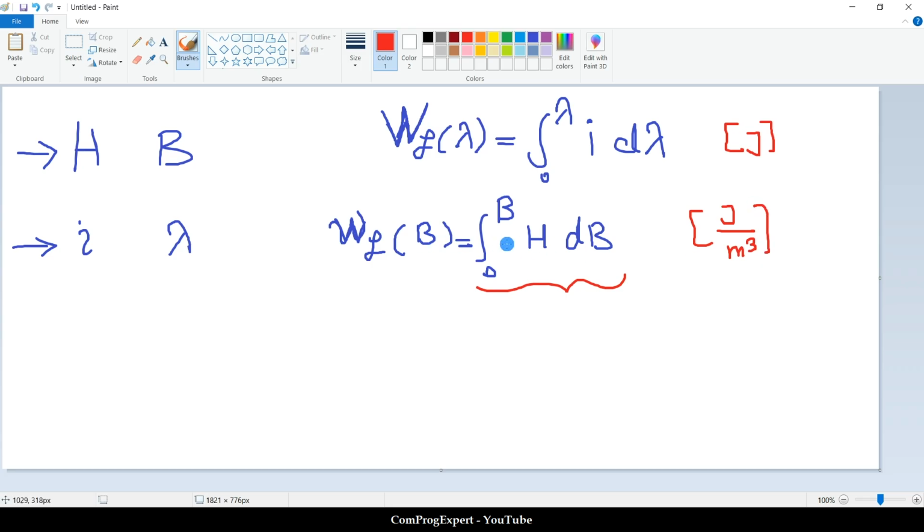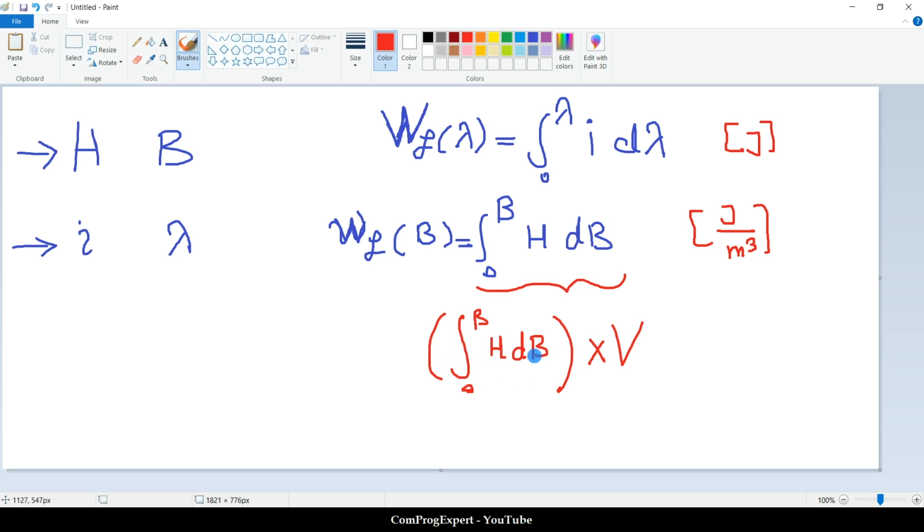This is energy density and this is energy. So if I want to calculate energy using this equation, I should multiply this integral of H dB by the volume of the material for which we calculated this integral.